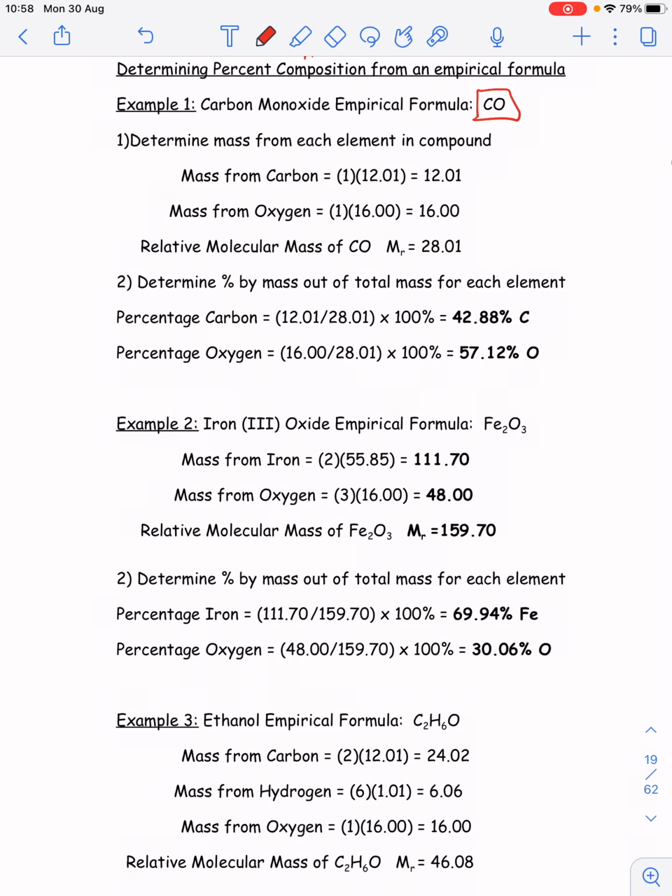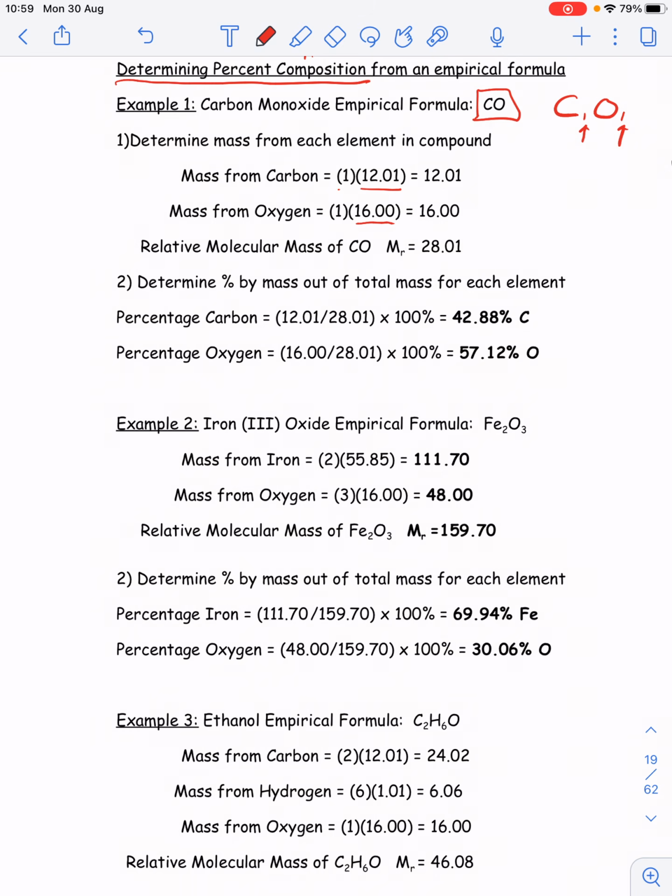Okay, if we want to determine the percent composition, as this first example is asking us to do, then we're going to look at the periodic table, and we're going to find the relative atomic mass of each element. Carbon's relative atomic mass on the periodic table is 12.01, and oxygen's is 16.00. Now in the formula CO, even though they're not written, it's implied that there's 1 carbon for 1 oxygen.